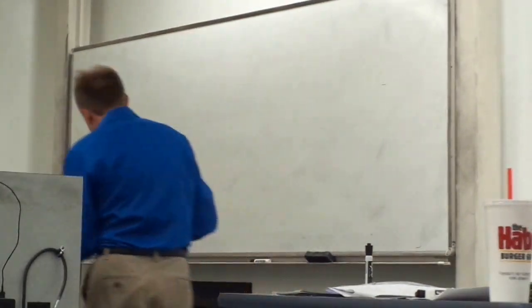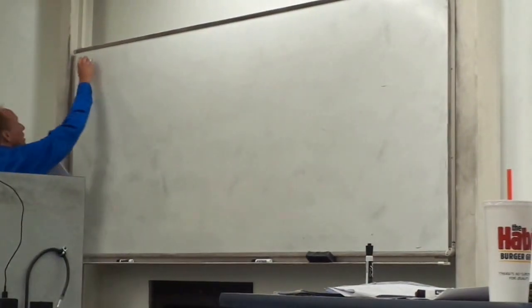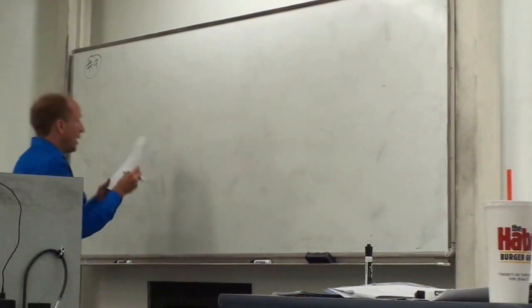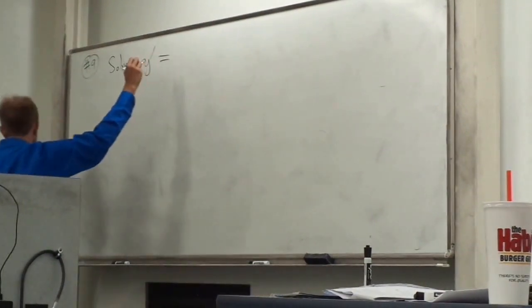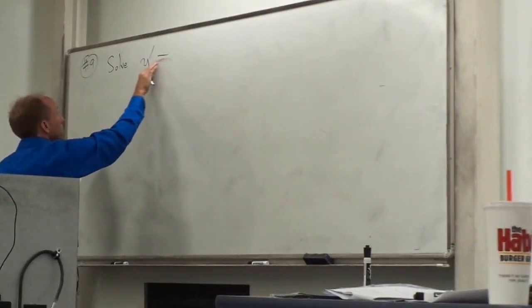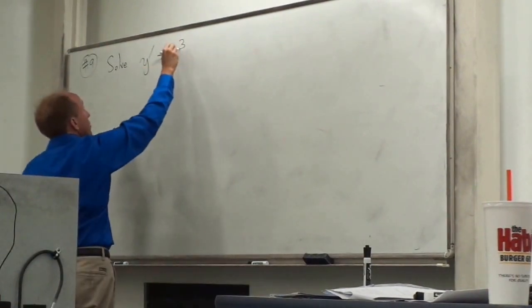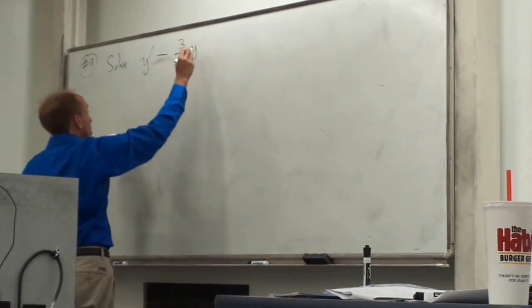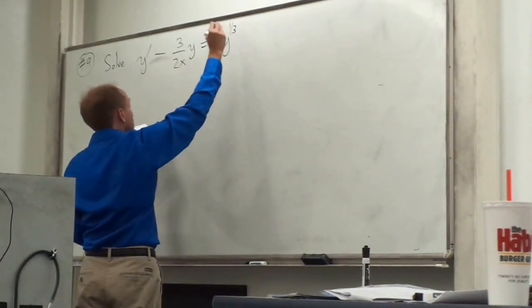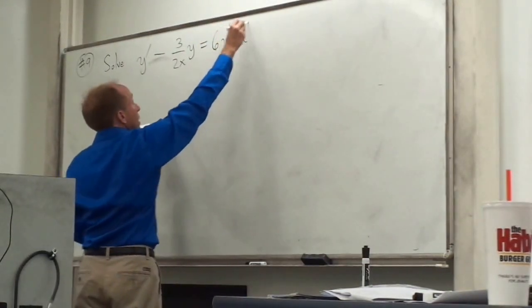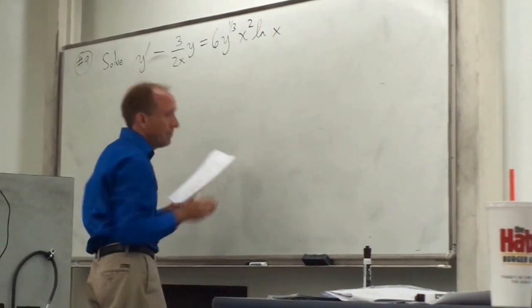I'll survive. Okay, I'm going to jump ahead on the sheet. I've just done the first 3. I'm going to jump ahead to problem 9. Number 9 says solve y prime minus 3 over 2x times y equals 6y to the 1/3 x squared ln of x.